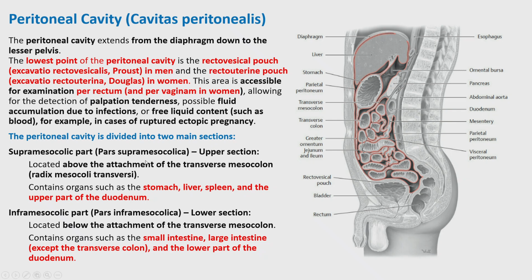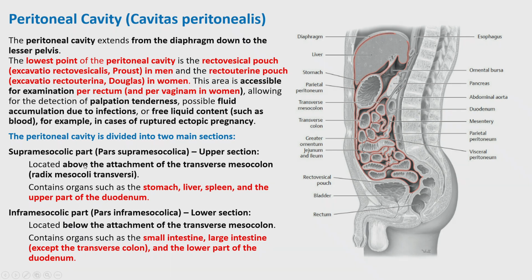This is the cross section that I already mentioned, that the peritoneal cavity was divided into the greater sac and lesser sac, and this peritoneal cavity is also divided via the attachment of the transverse mesocolon into two parts, the supramesocolic compartment and the inframesocolic compartment.